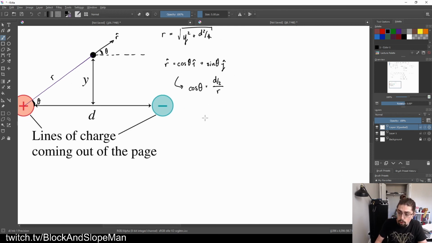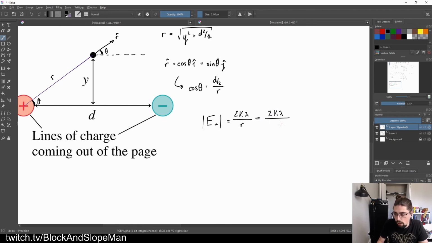So we go to our x component. Or let's go ahead and start with the magnitude first. Magnitude is going to be 2 times k times lambda over r. Fantastic. I don't have a lot else to do with this, really, right? 2k lambda.